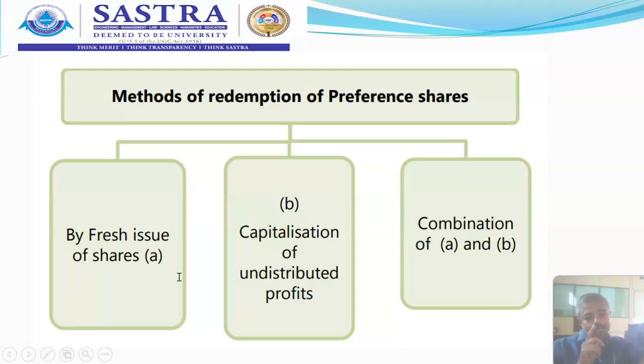But if redemption is done out of distributable profits, then replacement of capital is ensured in an indirect manner by the retention of profit by transfer to capital redemption reserve account. In this case, the amount which would have gone to the shareholders in the form of dividend is retained in the business and is used for settling the claim of preference holders. Thus, there is no additional claim on net assets of the company.